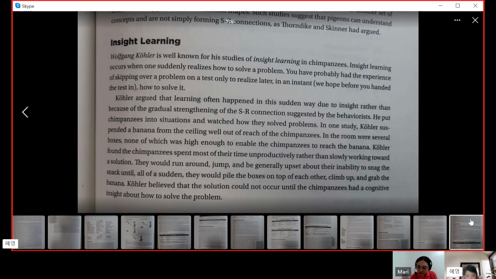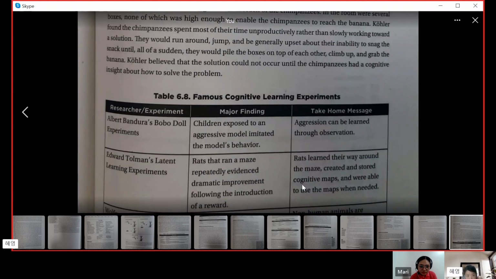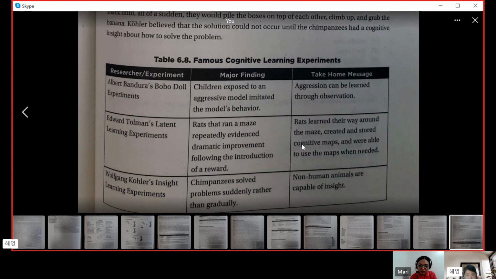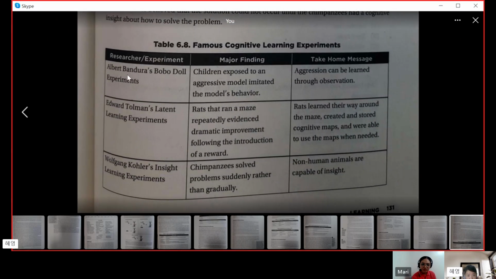So here, there are some boxes. Famous cognitive learning experiments: Bandura's Bobo doll experiment, Tolman's latent learning experiment, and Köhler's insight learning experiment are very famous.